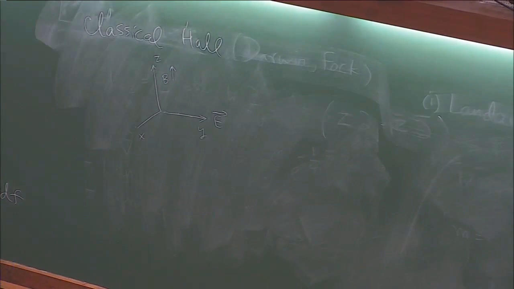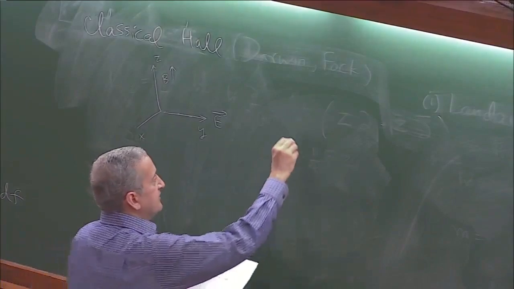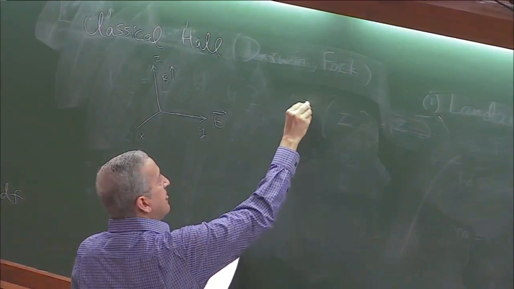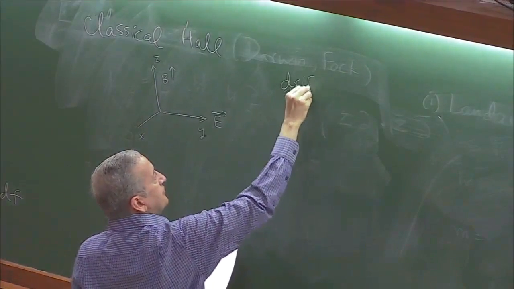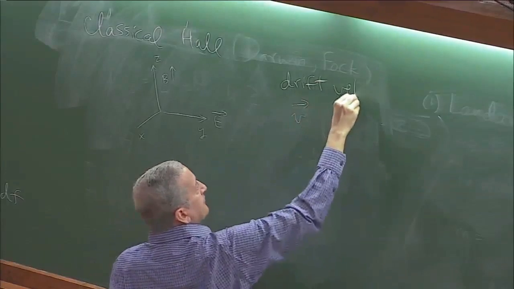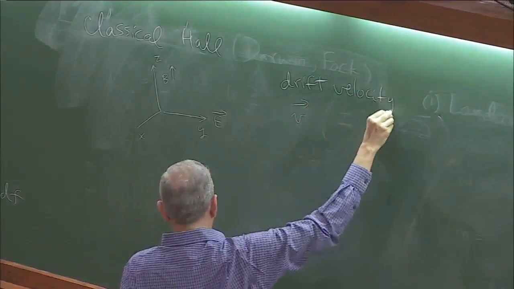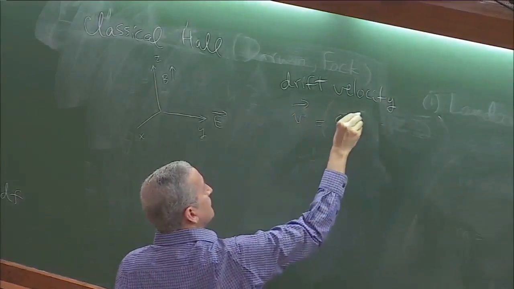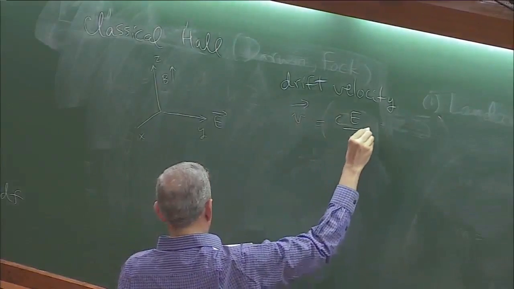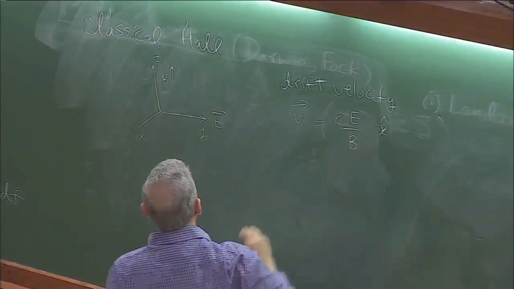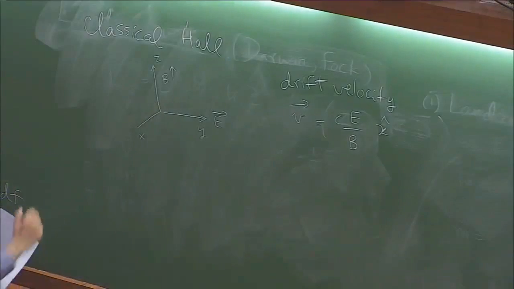But the main point is that it has a drift velocity, and the drift velocity has a very simple form. So it has a drift velocity going along the x direction.